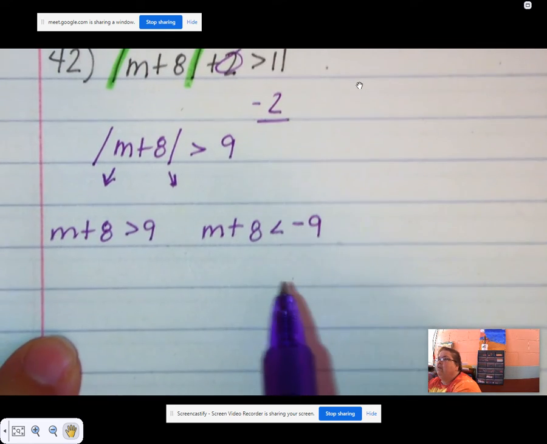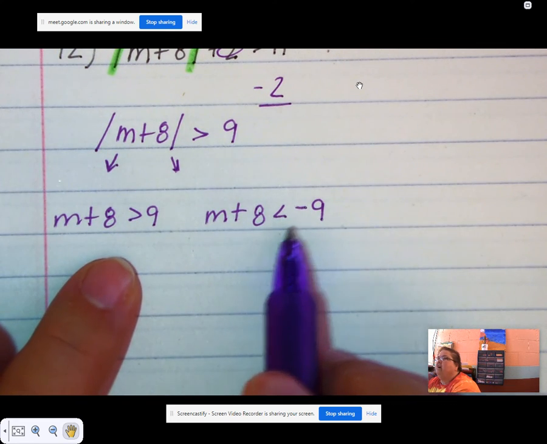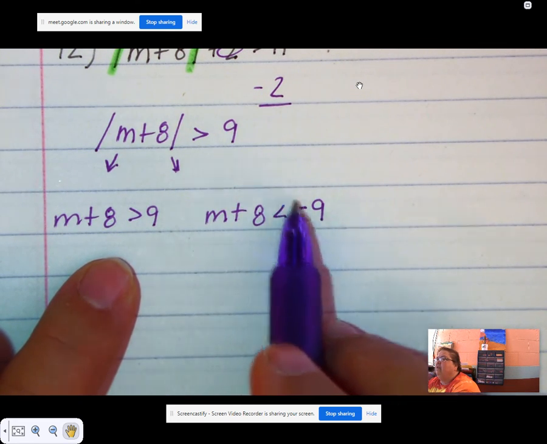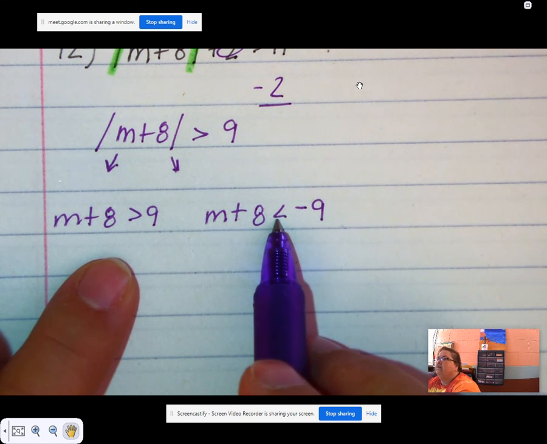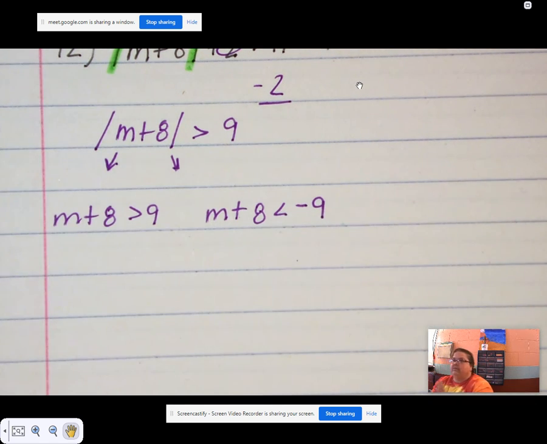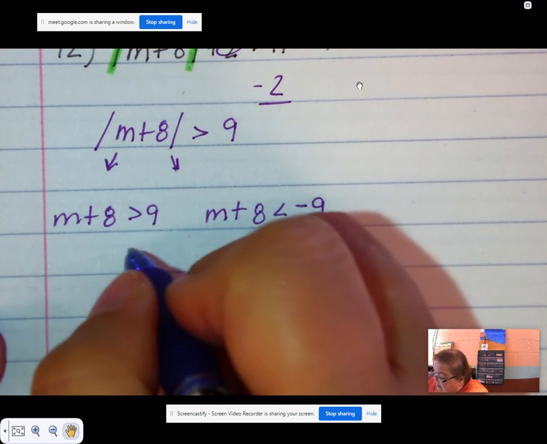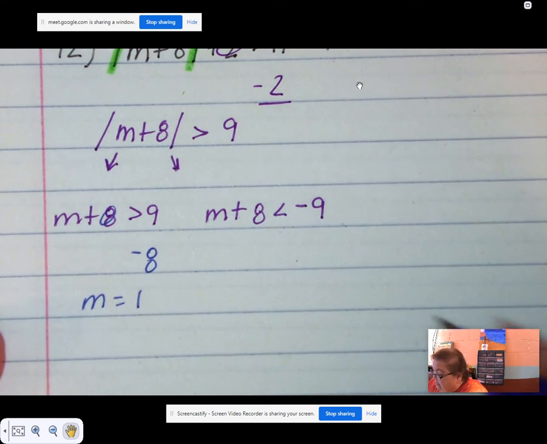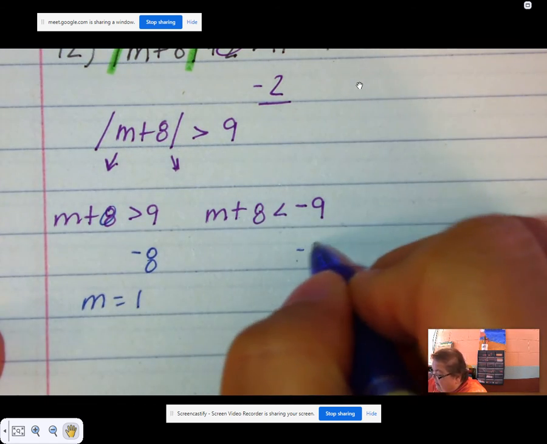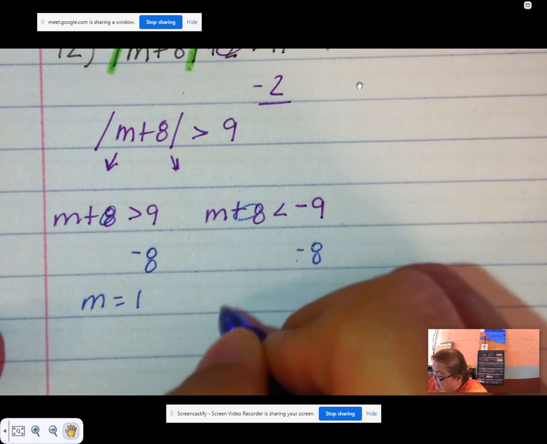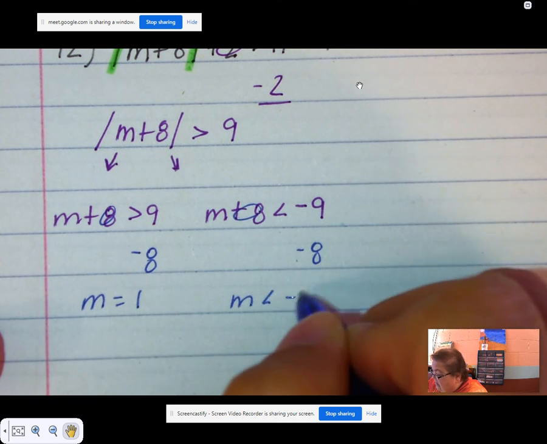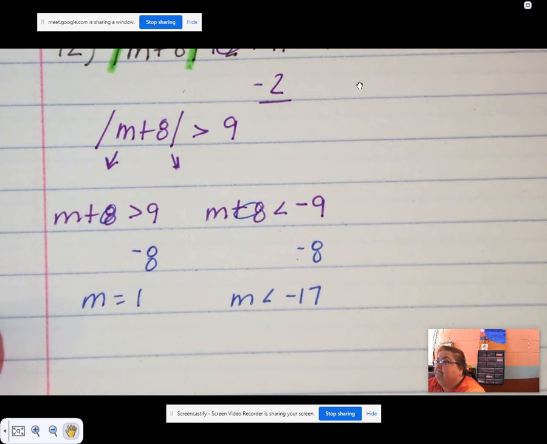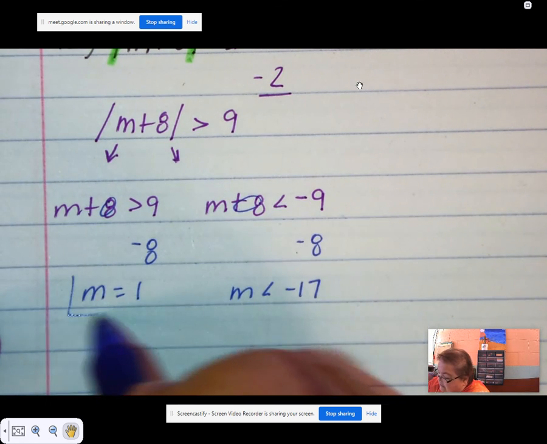Remember, when we are dealing with inequalities, it's not just the negative, it's also the opposite symbol. Okay? And then we just solve it, right? Opposite of plus 8 is minus 8. M is greater than 1. M is less than negative 17. And these are our solutions.